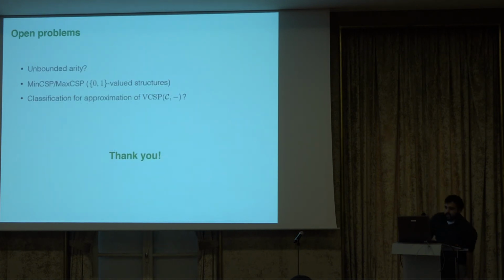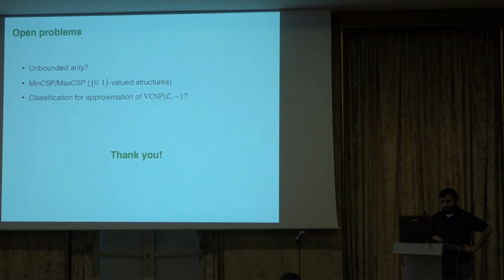Okay, so finally, some open questions about the arity. It is not clear what happens there. Also, the case of min CSP and max CSP, the hardness proof in the characterization, we need rational numbers there. So it does not apply for min CSP.